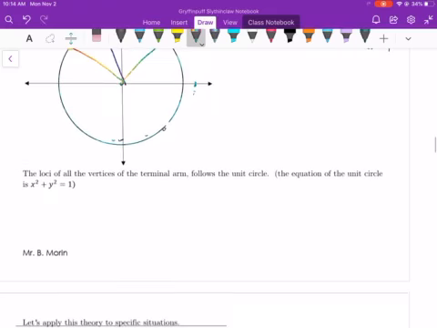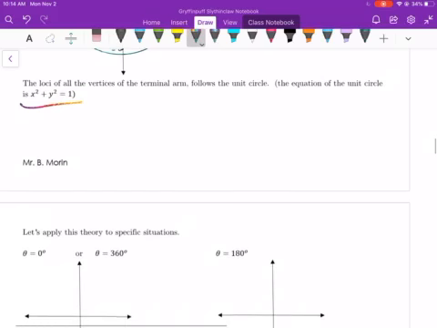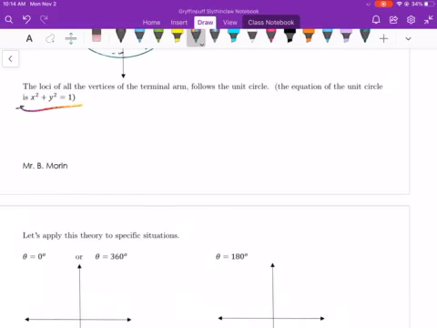Anyways, the equation of the unit circle is x squared plus y squared is equal to 1. This type of equation is called a conic. We no longer take conics in high school, but it definitely helps us out.